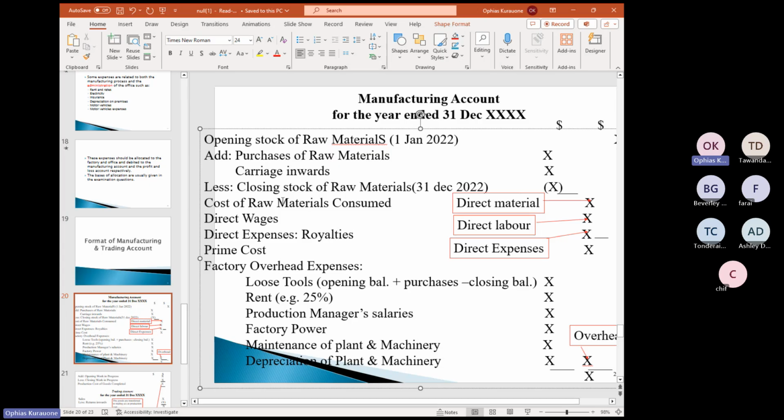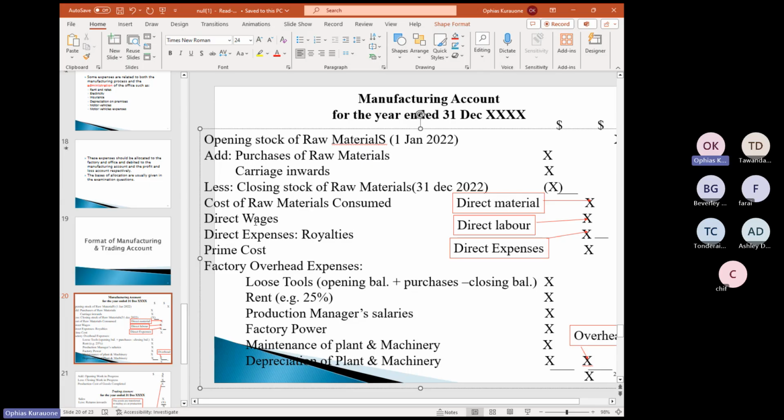Opening stock plus purchases plus carriage inwards minus closing stock of raw materials gives you cost of raw materials consumed, which is what you only consume in that particular period.